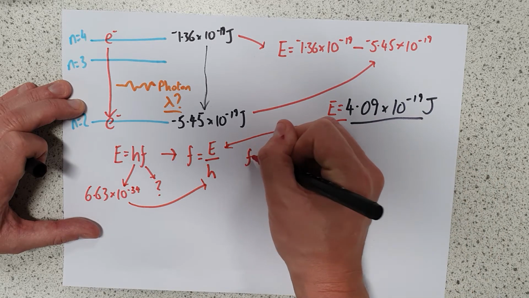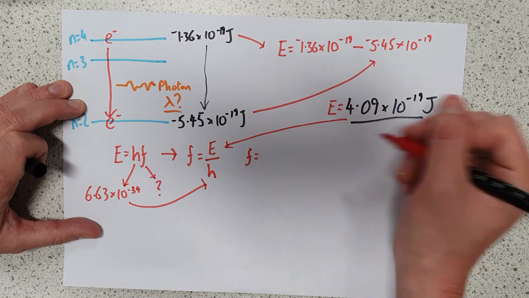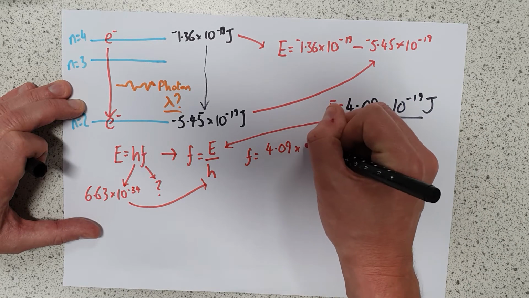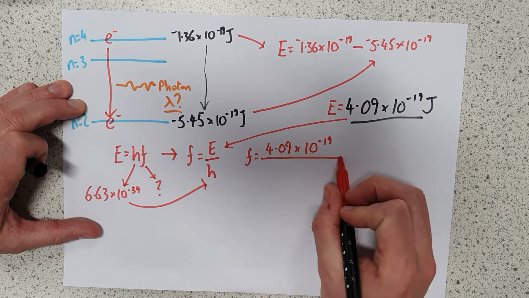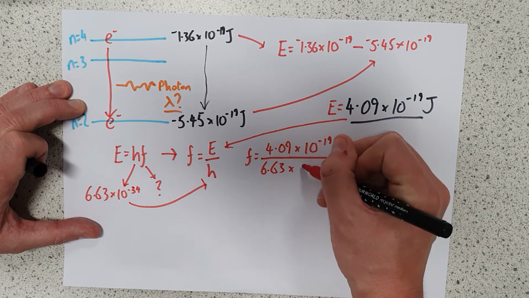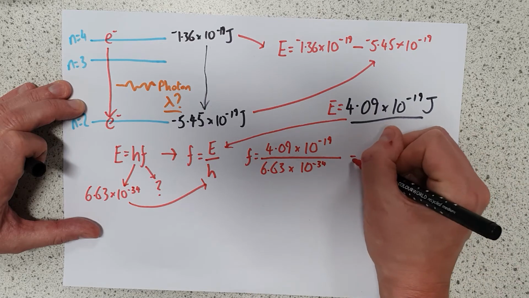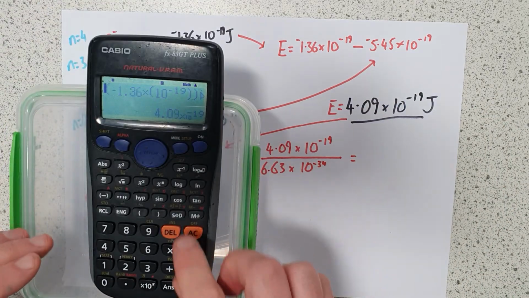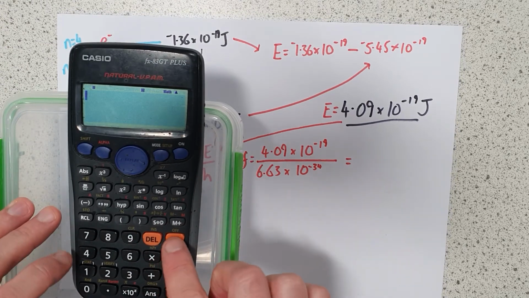So the frequency is going to be equal to 4.09 times 10 to the minus 19 divided by 6.63 times 10 to the minus 34. So what is that number? We need our trusty calculator, and we need to be comfortable with using these all the time.